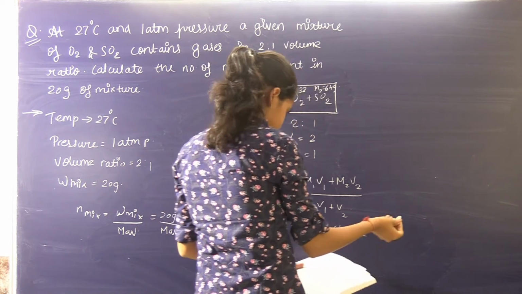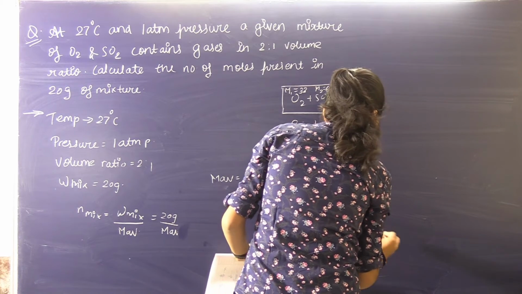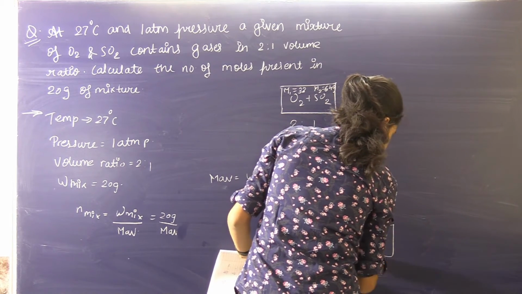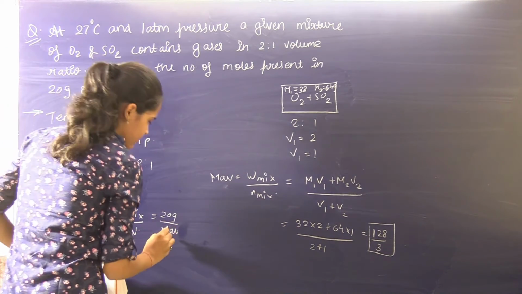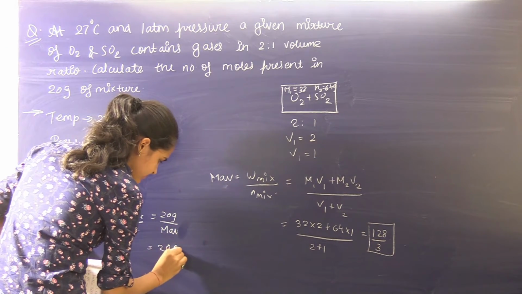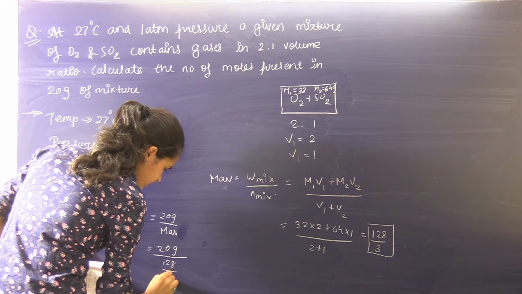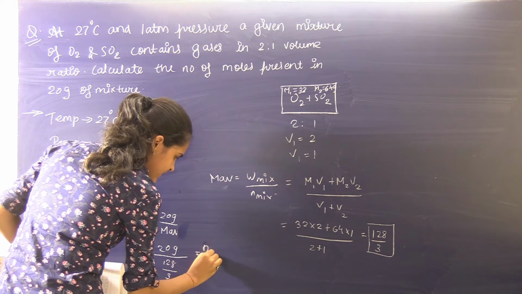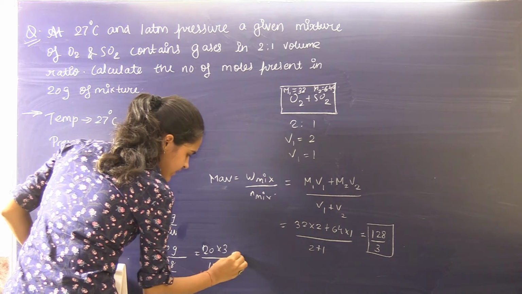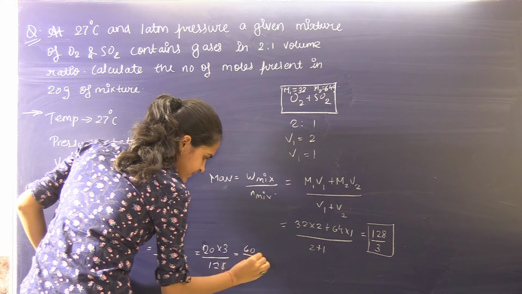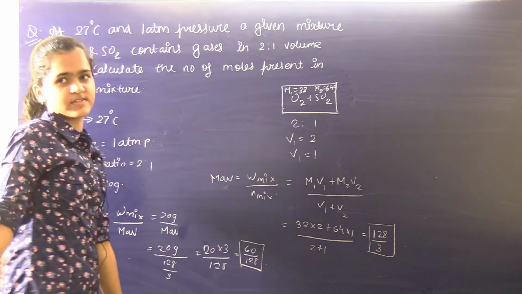So this will be 128 upon 3. This will be the molar mass of gaseous mixture. So we will put this value here. So 20 gram upon 128 upon 3. This will be 20 into 3 upon 128 is equal to 60 upon 128. This will be the number of moles present in the gaseous mixture.